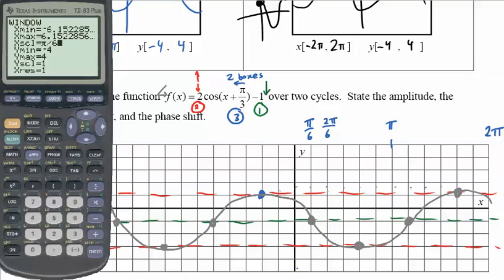And I go from -5 to 5. Okay, that's looking pretty similar. I have 2 maximums on this graph. I've got 2 maximums on my graph here, 2 minimums. It crosses the y-axis just above the x-axis.